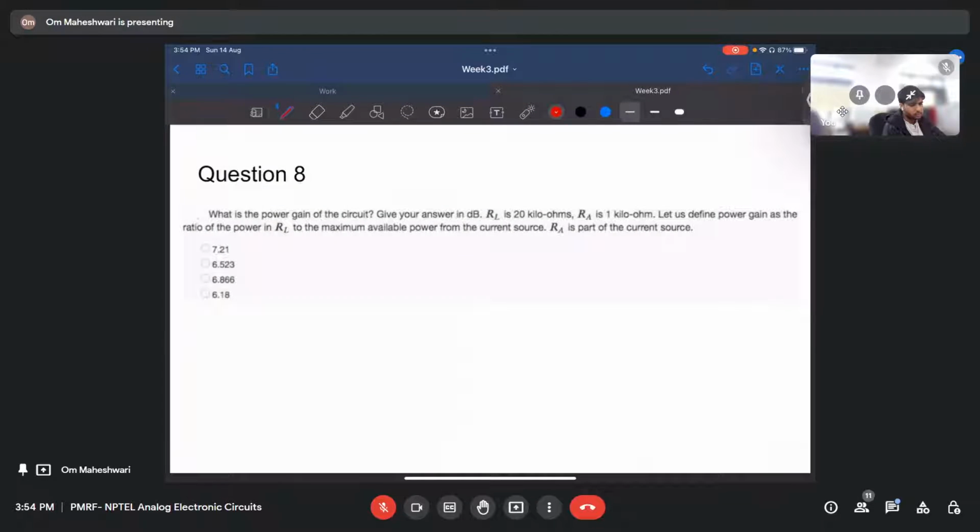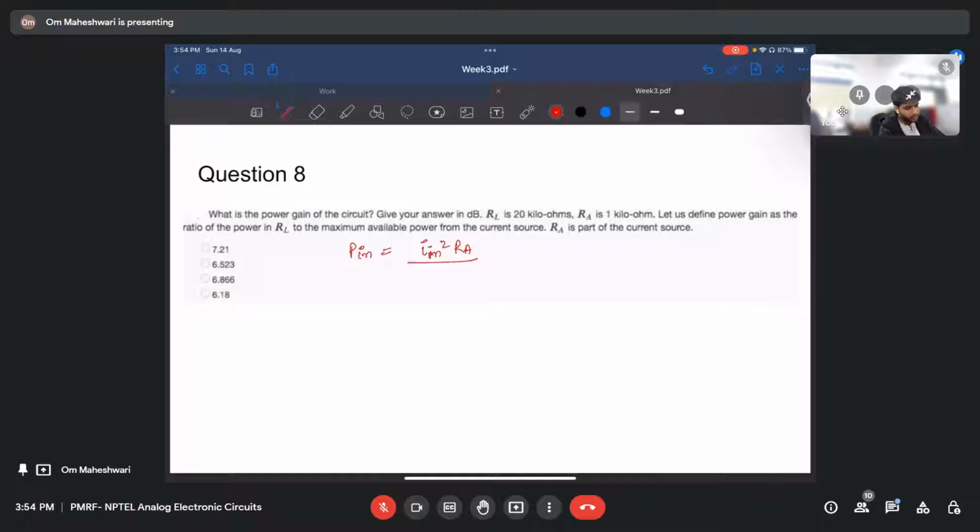So the next part is very similar, where it says you have to find the power gain. Again, P in will be I in square RA divided by 4.